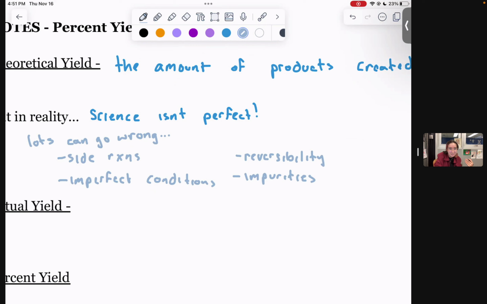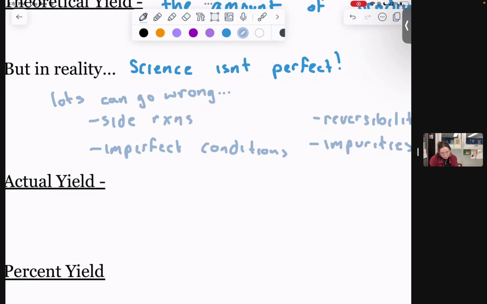For me, the cells wouldn't grow all the time, and I did my best, and sometimes they just wouldn't grow. There's lots of reasons why this happens, and it's really hard to nail down the perfect reasons. A lot of times it ends up being guess and check of what's going to make it go better. But long story short, we're pretty much never going to get our theoretical yield out of a real life reaction.